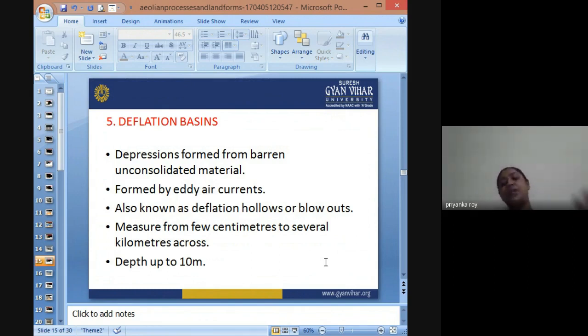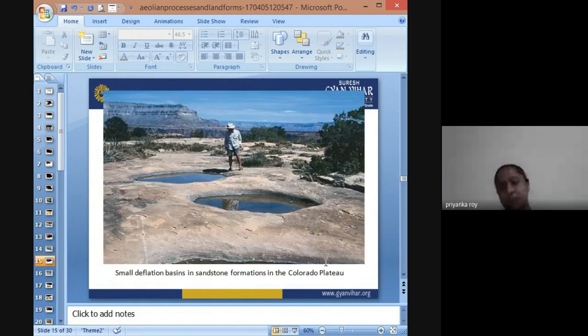It can be as long as several kilometers together, and the depth is not very much. The depth can vary from a meter to about 10 meters. So this is a blowout. Here, in a hard rock surface, what is happening? The blowout has happened, and due to some precipitation, water is collected.